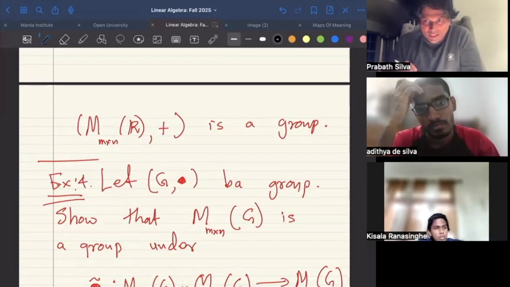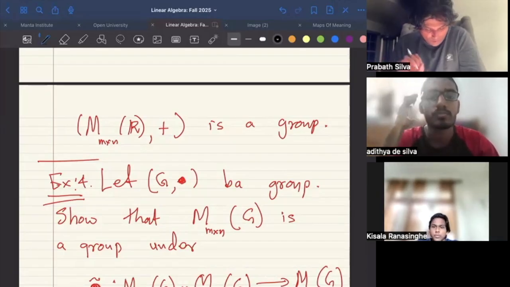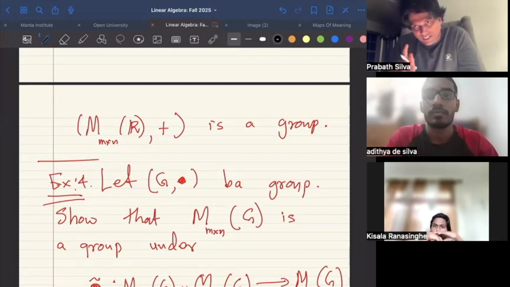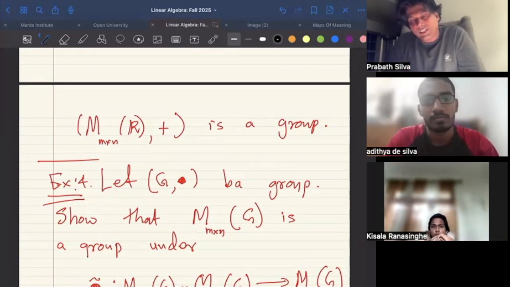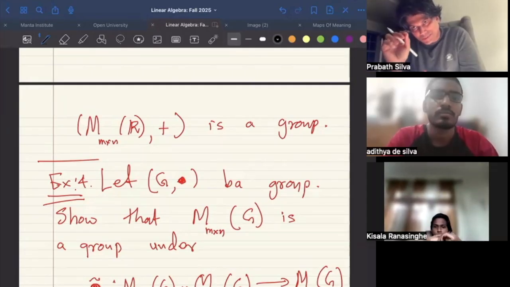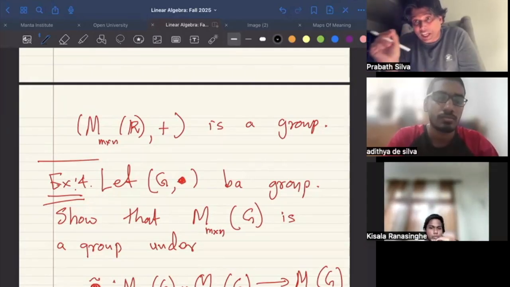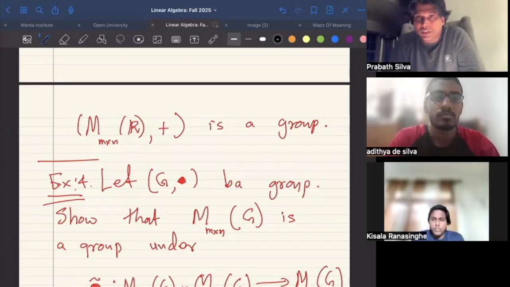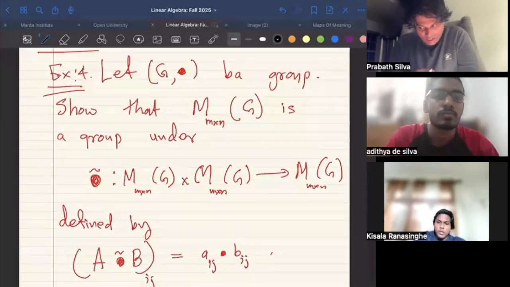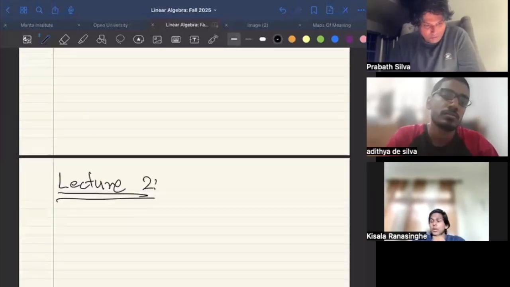For example, for the matrix addition here, you're using the addition of the entries, not coefficients, entries. Okay, and let me draw this picture.